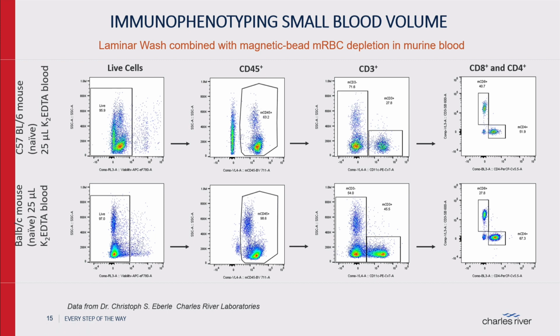He looked at 25 microliters of blood, and basically what I want to point out here is that by combining these two methods, small blood volumes can be handled consistently without the harsh RBC lysis and centrifugation methods that are going to cause decreases in your cell retention and your cell viability.